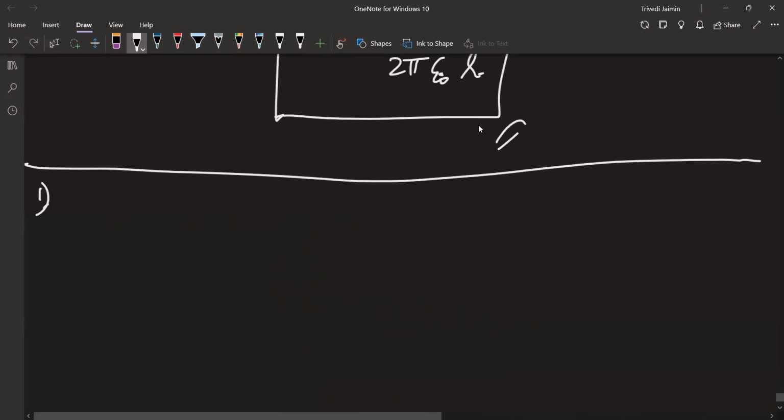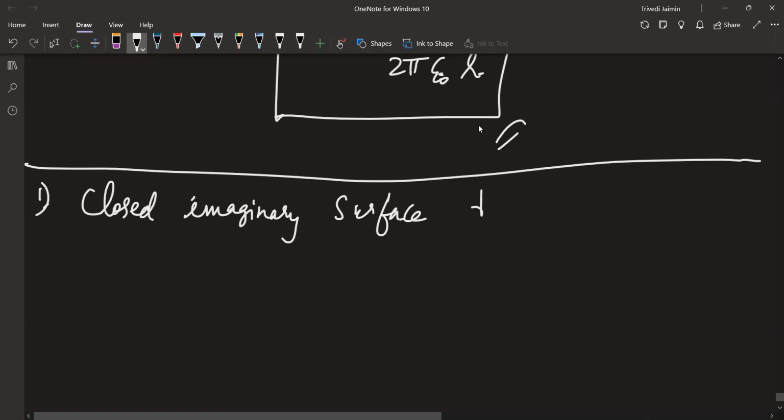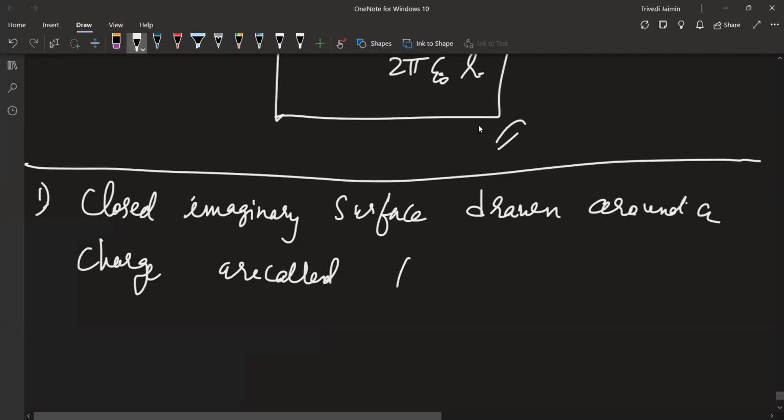First one, what we wrote? Closed imaginary surface drawn around a charge are called Gaussian surface.